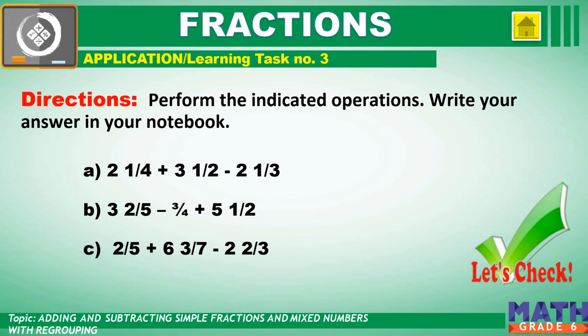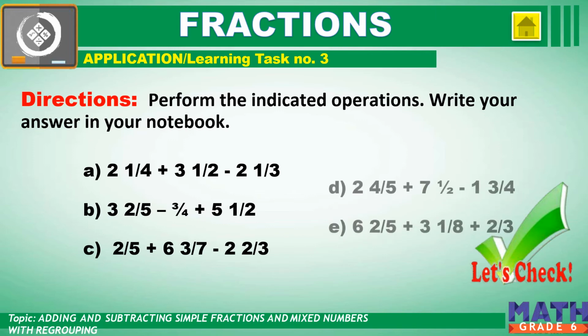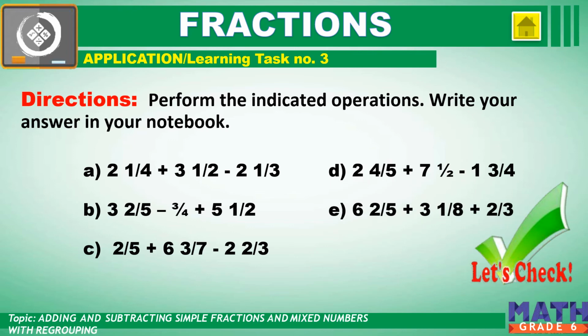For letter C, 2/5 plus 6 and 3/7 minus 2 and 2/3. For letter D, 2 and 4/5 plus 7 and 1/2 minus 1 and 3/4. And for letter E, 6 and 2/5 plus 3 and 1/8 plus 2/3.